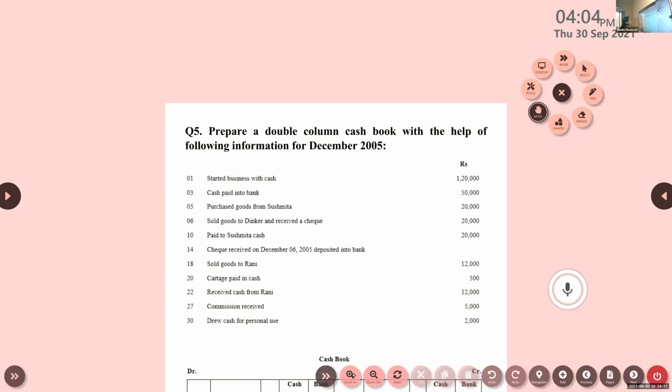So here you are asked to prepare a double column cash book. The journal is not required, but still if you feel that you cannot post it directly into the cash book, you may roughly do the journal entries. Started business with cash. Cash account debtor to capital.